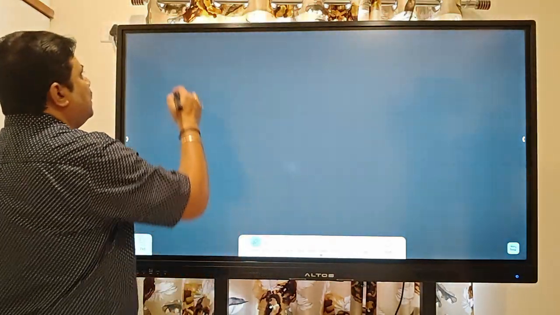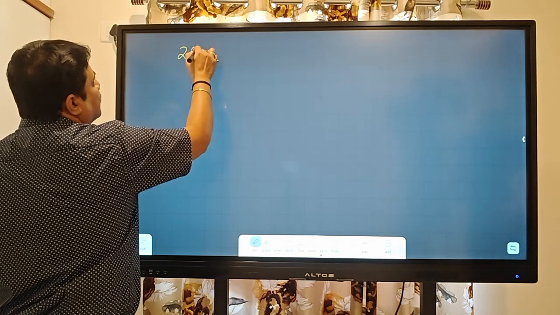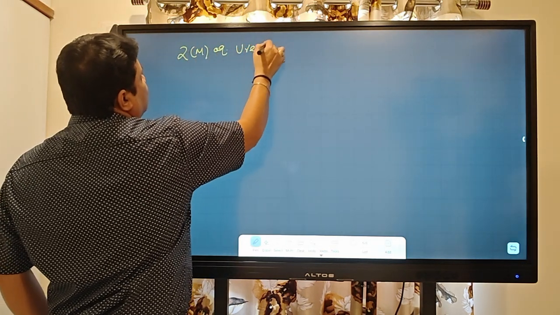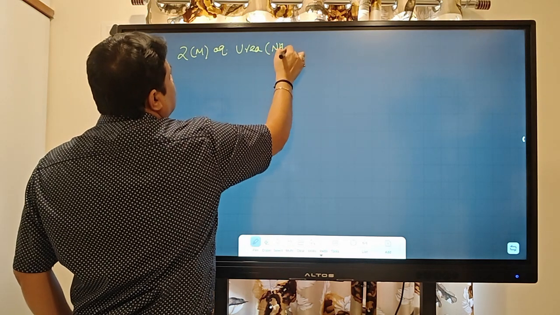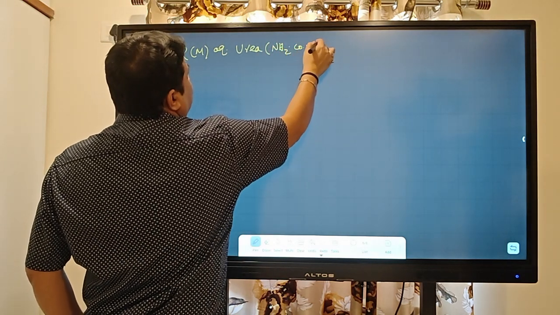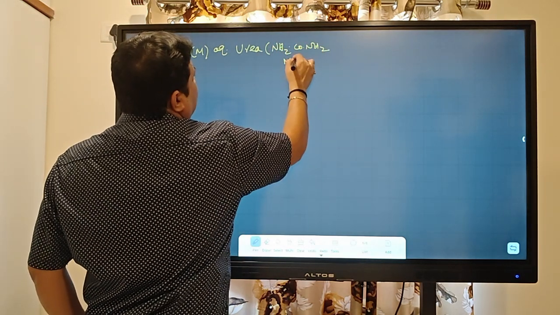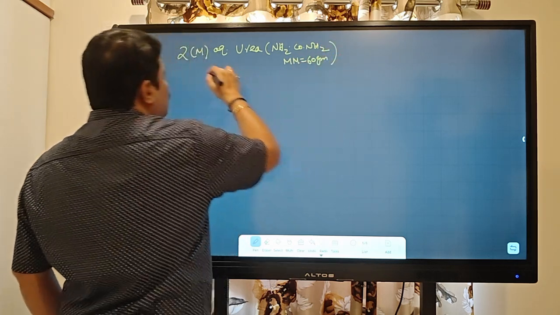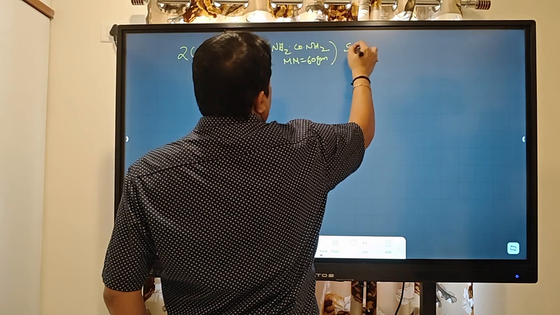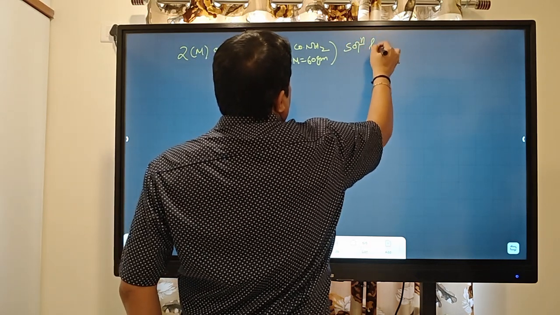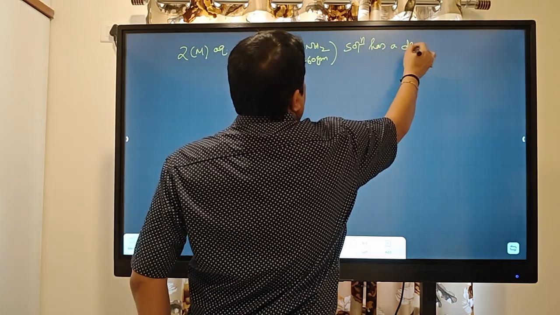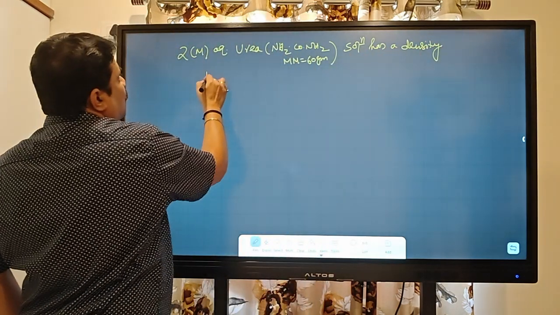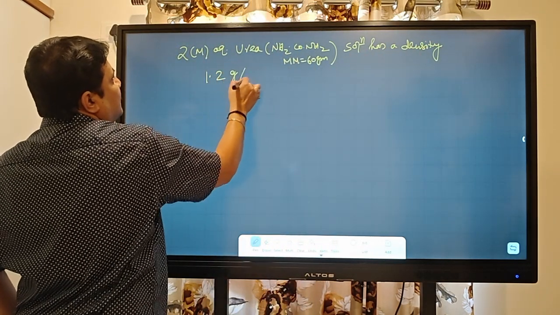JEE asked one here: 2 molar aqueous urea. Urea means everybody knows, NH2 CO NH2. Urea molar mass, you check it out, it should come 60 gram. So the 2 molar aqueous urea solution has a density of 1.2 gram per cc.